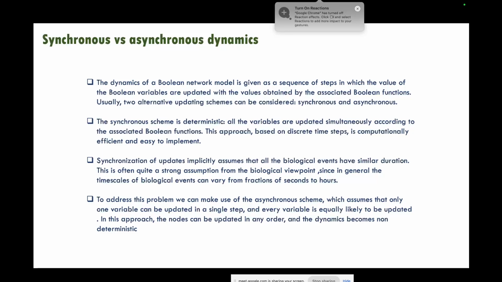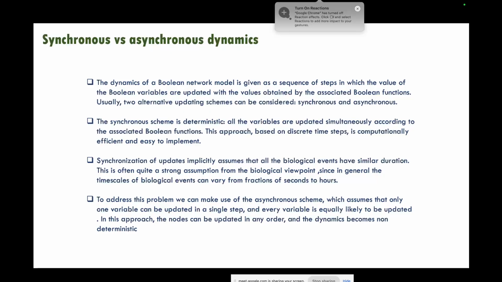To address this problem, we can make use of an asynchronous scheme, which assumes that only one variable can be updated in a single step, and every variable is equally likely to be updated. In this approach, the nodes can be updated in any order, and the dynamics become non-deterministic.